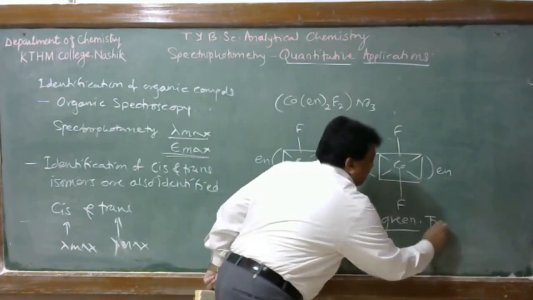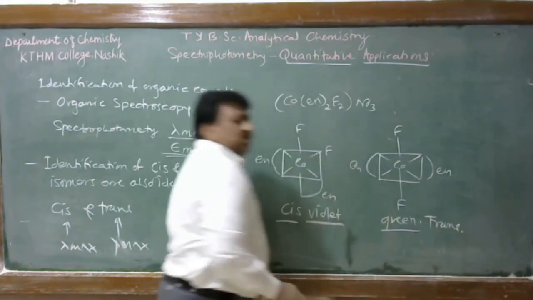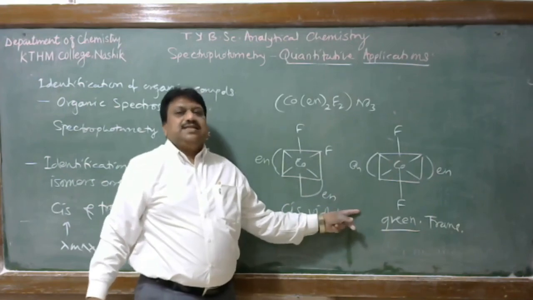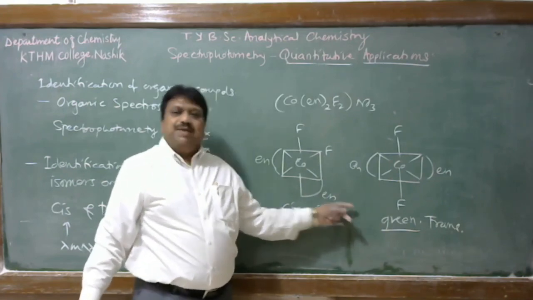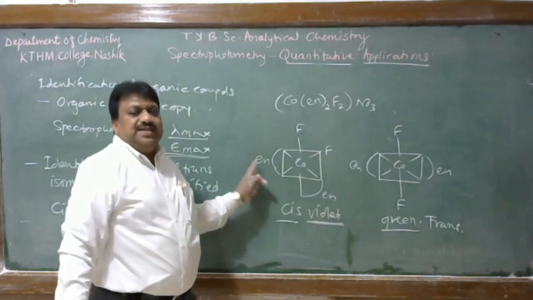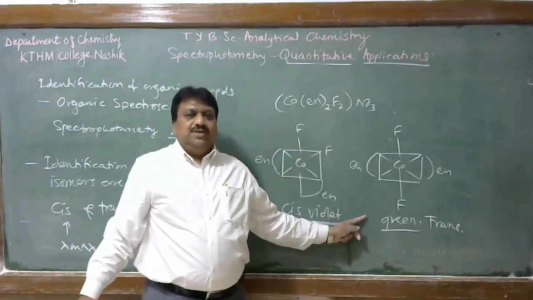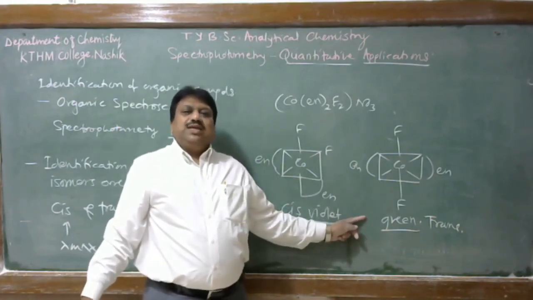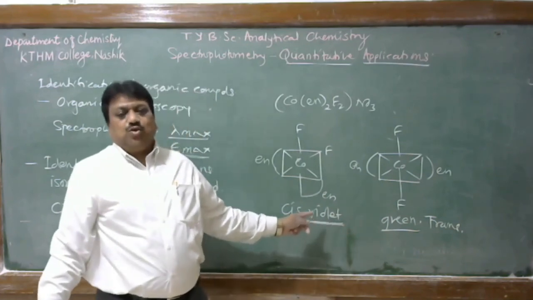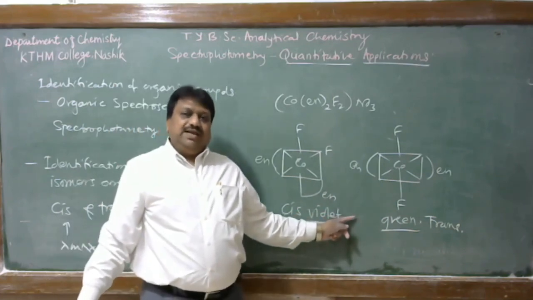Therefore trans and cis isomers of inorganic complexes are also identified by spectrophotometry, simply by measuring the wavelength of maximum absorbance. Students, these are all the different applications of spectrophotometry in quantitative analysis.